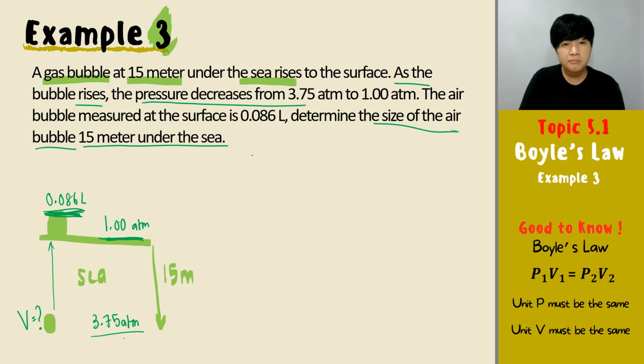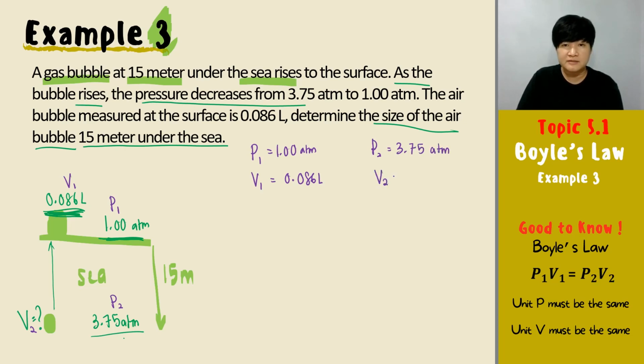So pair them up. Let's say my P1 V1 is the one on the surface. That is my P1, that is my V1. My P1 is 1 atm. My V1 over here, 0.086 liter. Therefore, this one will straight away be my P2 and this will be my V2. My P2 given in the question, 3.75 atm at the bottom of the sea.